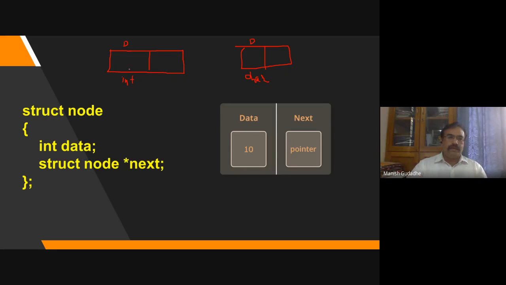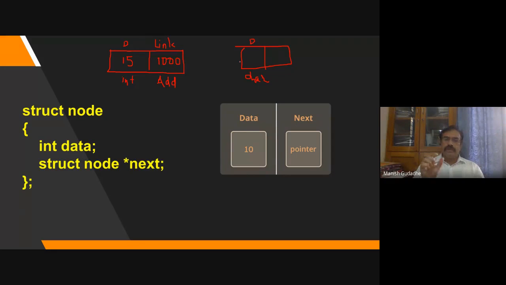The data field may contain the value, and the pointer field, the link field, the next field, is going to store the address. Let us say it stores an address such as 1000. So this is going to store the data as well as the address. This is called the link field, the pointer field, the next field; any name you can give.